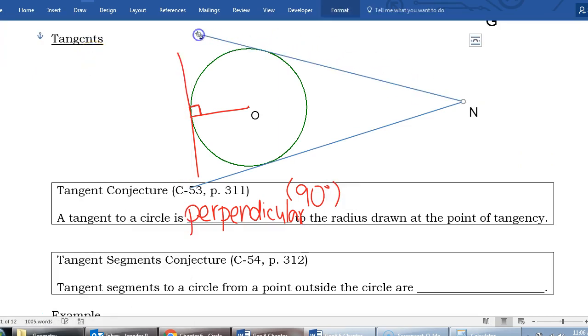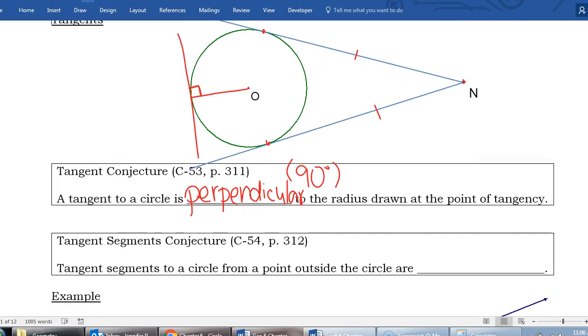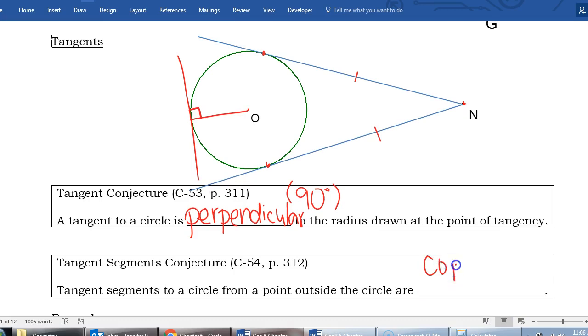What that does is it creates 2 segments, and my segments would be congruent both above and below the circle. So tangent segments to a circle from a point are congruent. They are the same length.